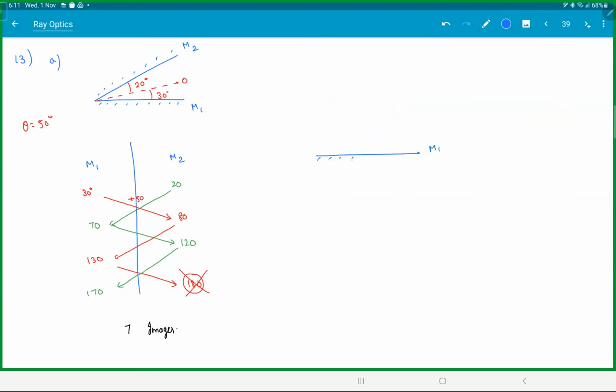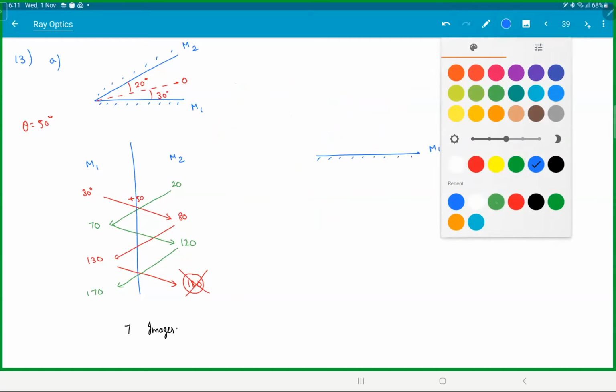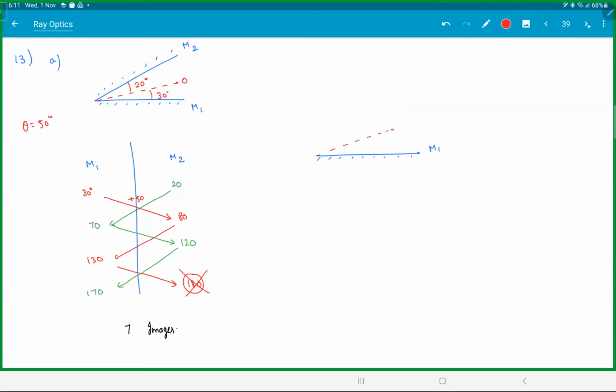This is M1. This is the object. This guy was 30. So this image will be first here. This is your first image. Let's call it I1, I2, I3, I4. There are 4 images in M1. 30, then the next image is at 70, which is I2.